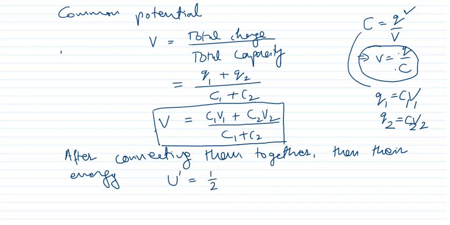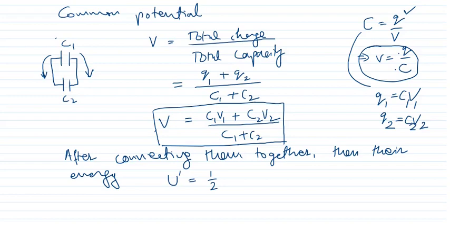Now when they are connected together like this, the charge will move from one side to the other, say from C1 to C2. After some time the charge will cease to move from one capacitor to another. Why?